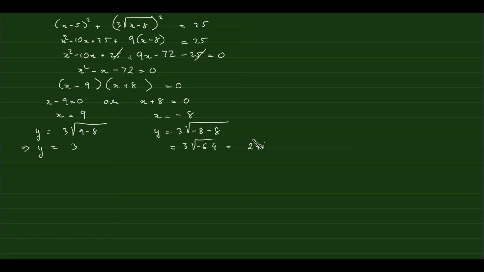So you see the answer over here is not good. It means that we have only one solution. So the solution over here will be (9, 3). There you go. You just need to be flexible, okay?